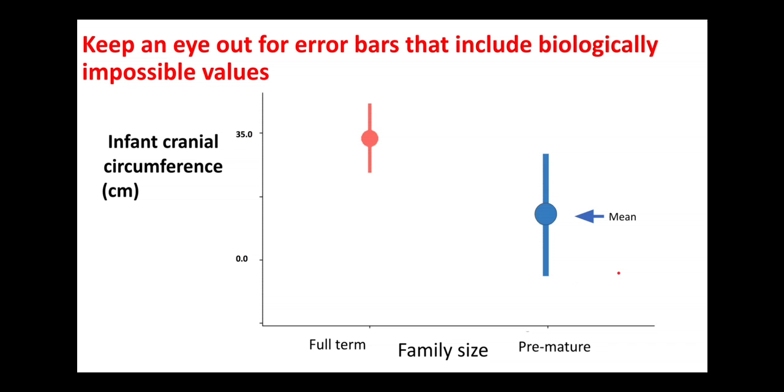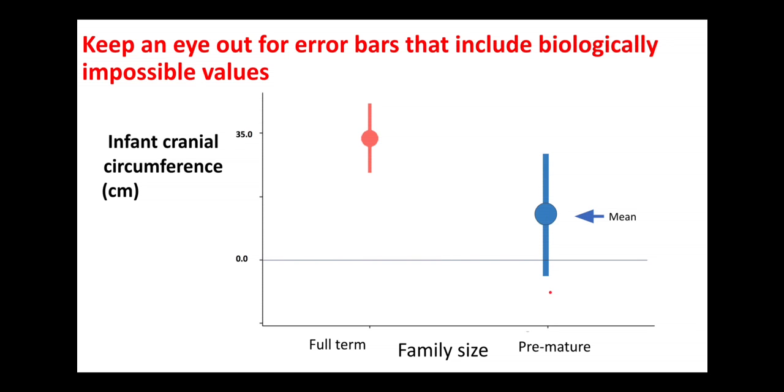It's possible that, even though you can't have head circumferences in a real baby be 0 or even less than 0, the data could be such that if you calculate a standard deviation or a standard error or a 95% confidence interval, that error bar goes below 0.